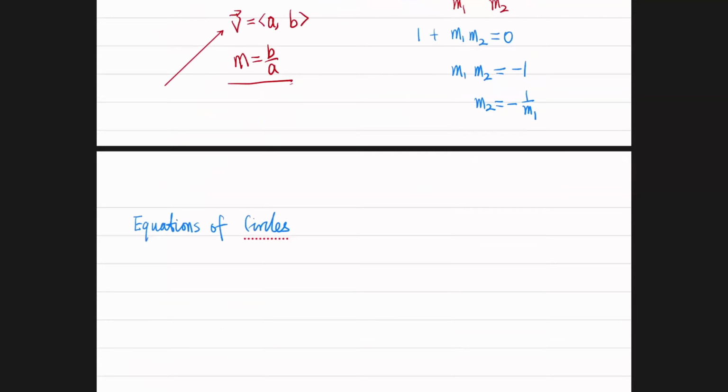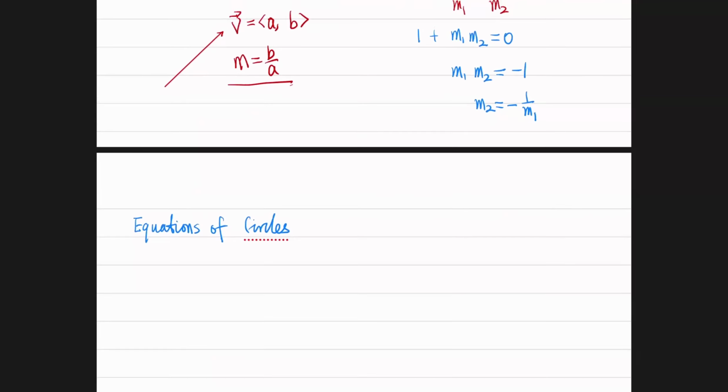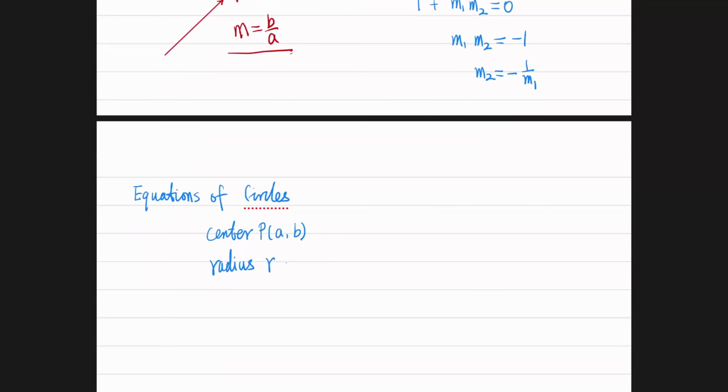Circles. So we have a center and a radius. Okay, so we have a point on the plane.